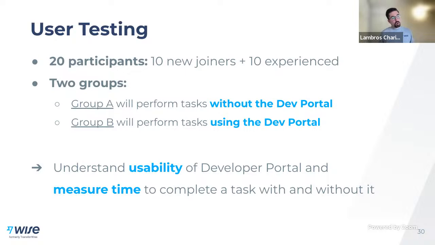And then we would compare how the experience is, how long it takes, right? How painful it is to solve this task. And also for the ones with dev portal, we would observe them, how they use it. So we get nice insights about the usability, right? And see if it's actually being used as we expect it to be used.